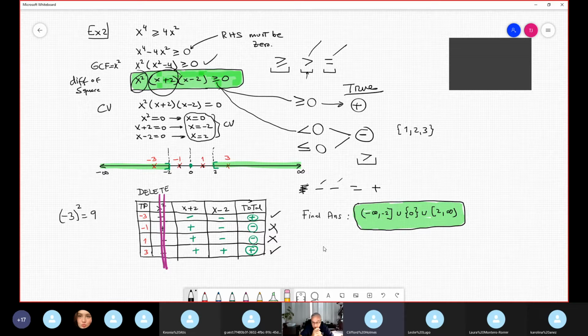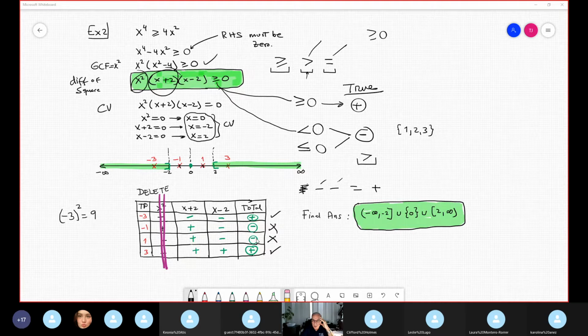Yeah. Of course. In this specific example, my inequality is greater than or equal to 0. What does it mean to be greater than or equal to 0? It's non-negative.